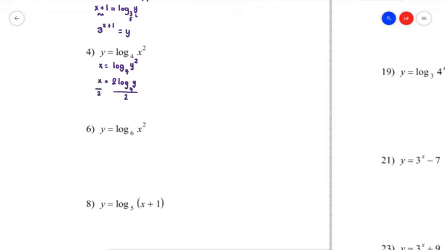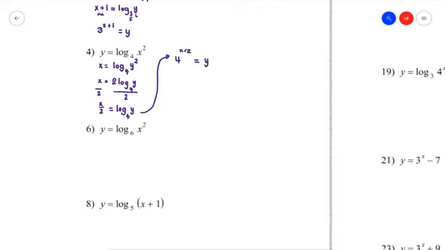Divide both sides by 2. X over 2 equals log base 4 of y. Then I'm going to convert. So 4 to the power of x over 2 is equal to y.